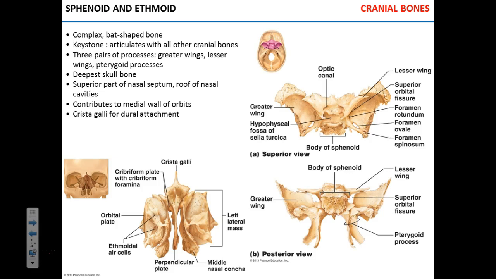It's the keystone bone. If you open the calvaria of the skull and look inside, you will see parts of the sphenoid bone inside. It forms most of the middle cranial fossa. Okay?